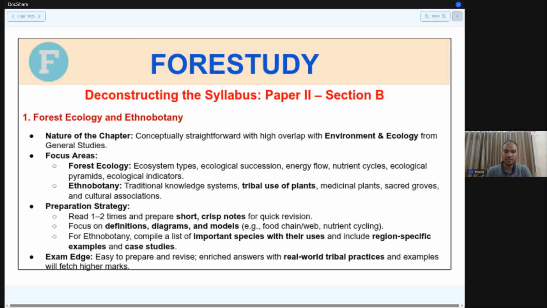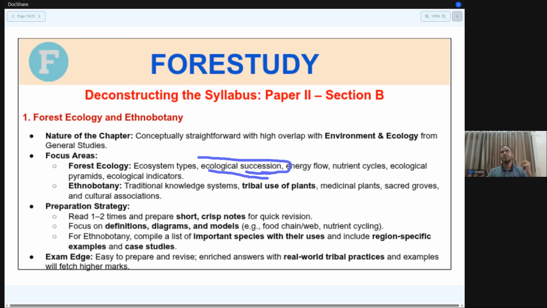Ecological succession is one thing that you should prepare well, because there are many theories about it, and if you quote these theories well in the examination hall, this might give some edge.